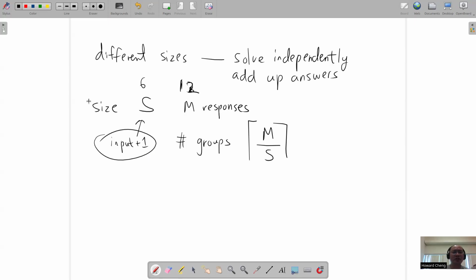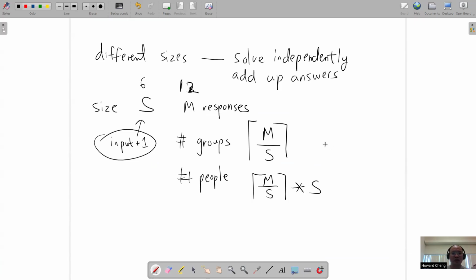So to deal with a specific size, whatever that size is, you look up how many responses there are of that size, do this calculation, and that's the number of groups. And of course, the number of people is the number of groups multiplied by the size, which is this. Okay, so that's kind of all you have to do.